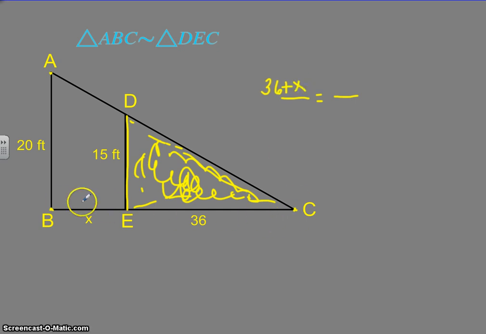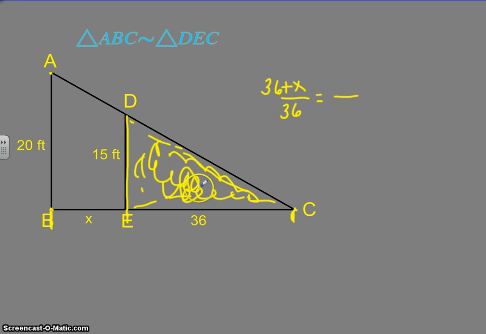Okay, now what does BC correspond to in this small triangle? Well, BC corresponds to EC. They share the base. Okay, this from here to here corresponds to this from here to here. Okay, so 36. 36 plus x and 36.